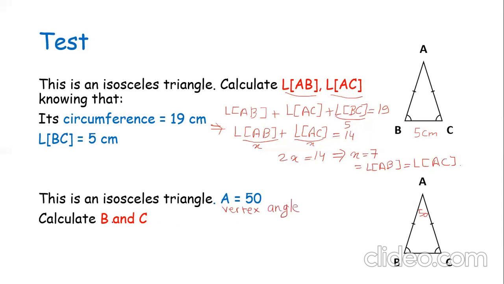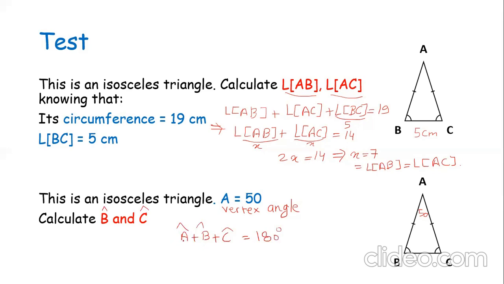Now we need to calculate B and C. Usually they use this small sign on top of them to refer to B and C being angles. So here we have, as we have seen, A plus B plus C is equal to 180 degrees.